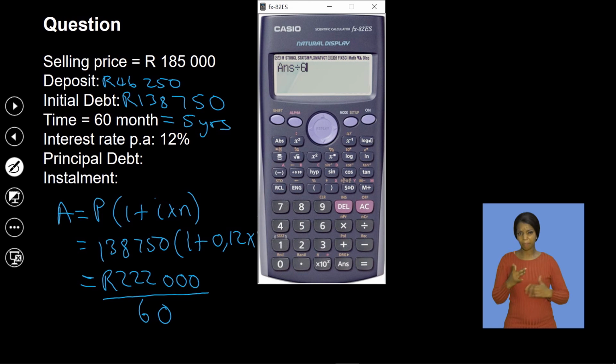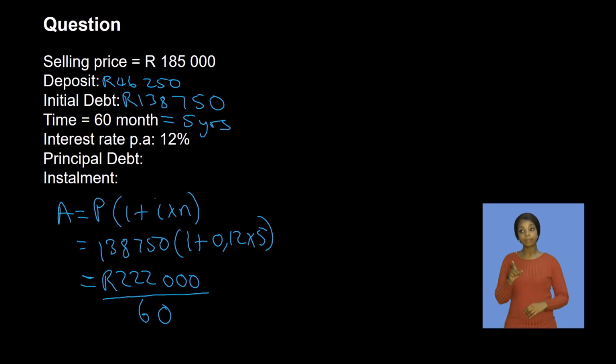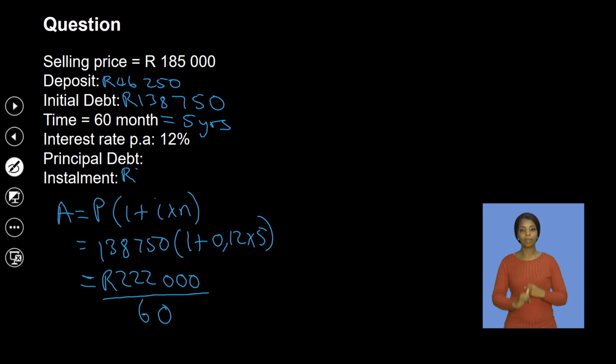So I divide that by 60 there, which will give me 3,700. So it means that Maria will be paying 3,700 every month. The principal debt, remember we said, was actually the 222,000.